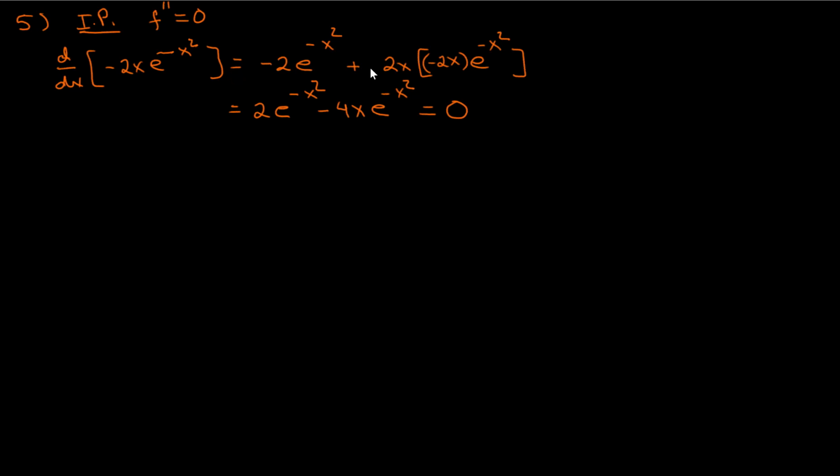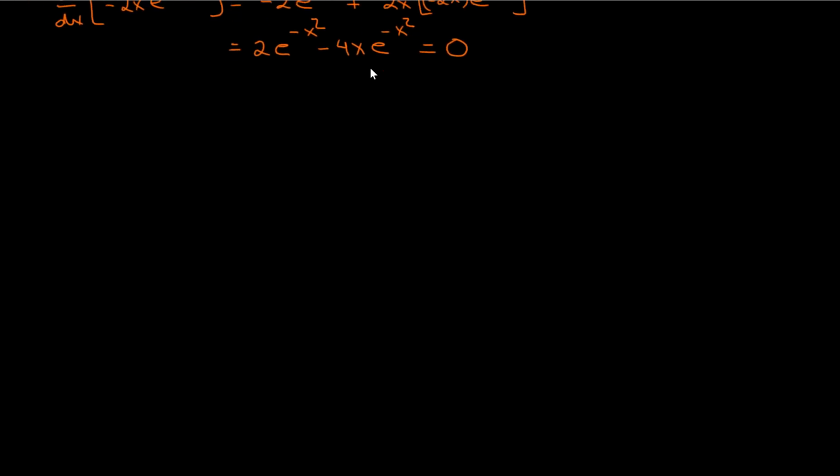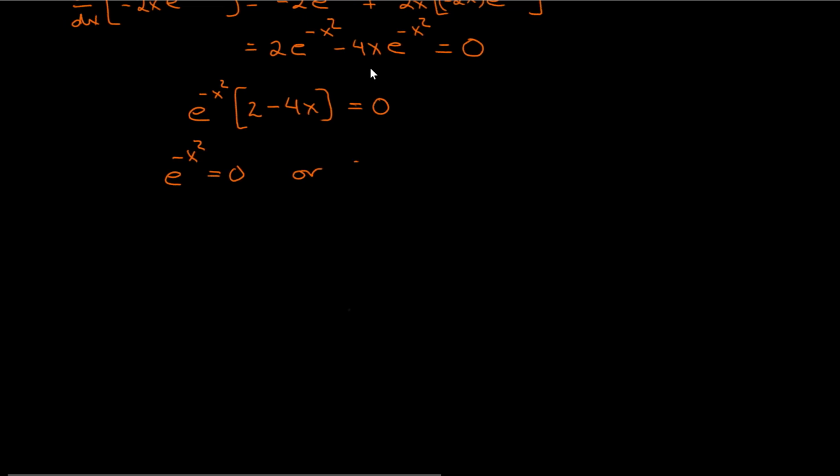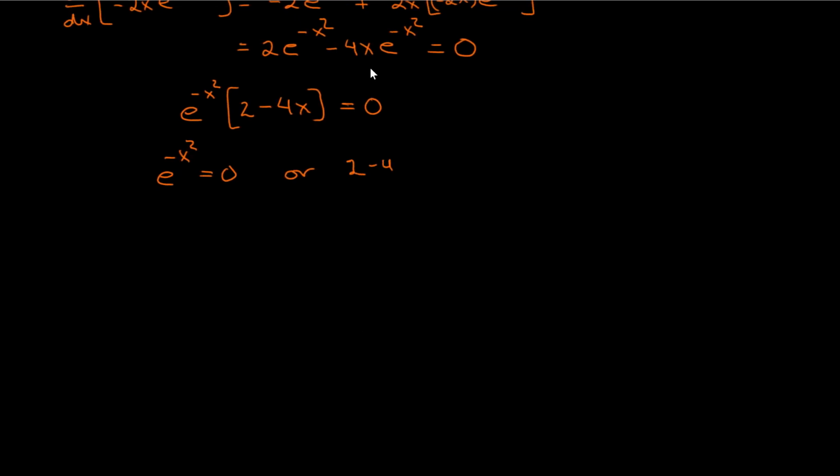What we're going to do here is factor out an e to the negative x squared from each term, which is going to leave us with 2 minus 4x. And one of these two factors, either e to the negative x squared equals 0, or 2 minus 4x equals 0.